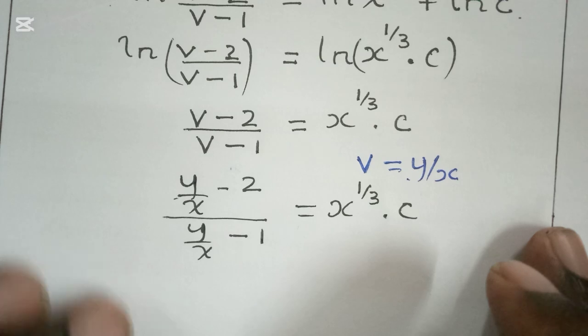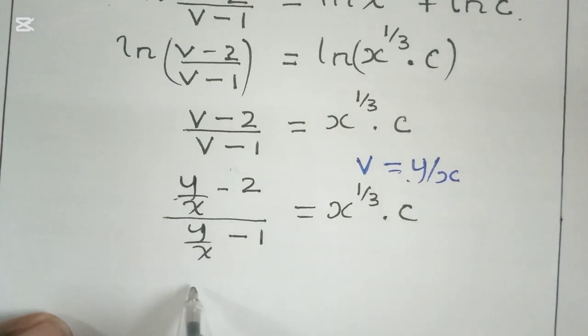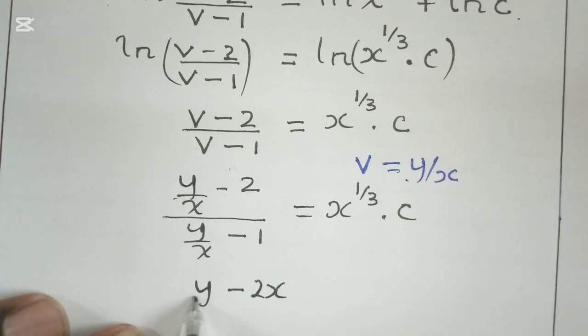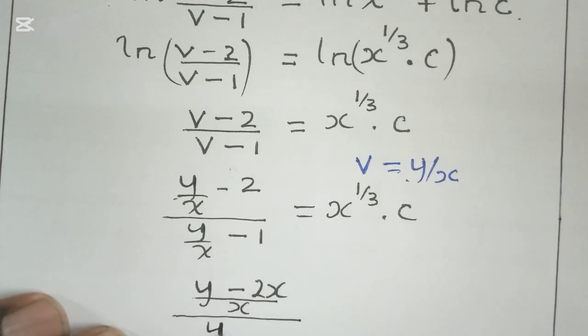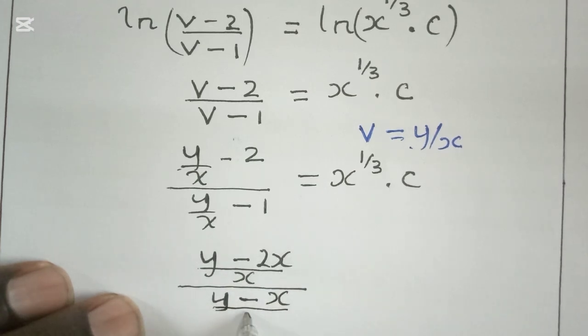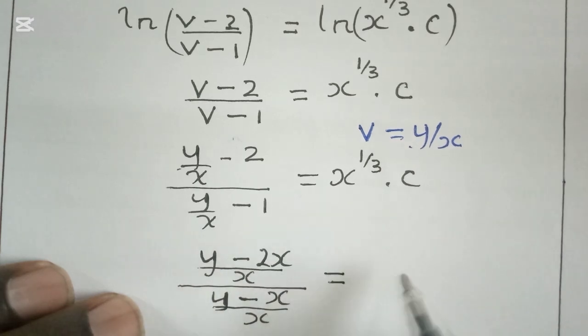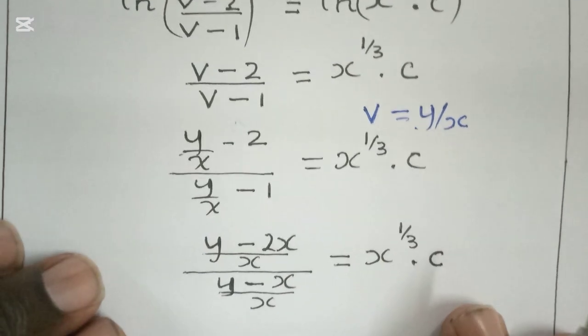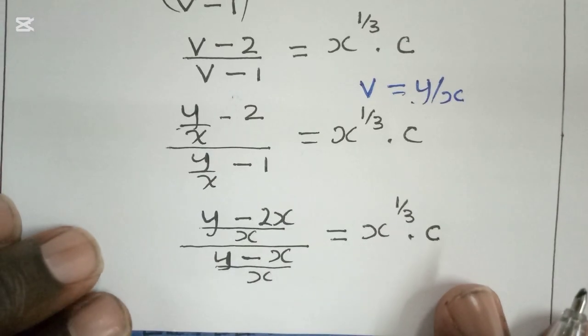That equation will now give us y minus 2x, putting them on the same denominator, with an x down here, all over y minus x over x, equals x raised to a third multiplied by c.